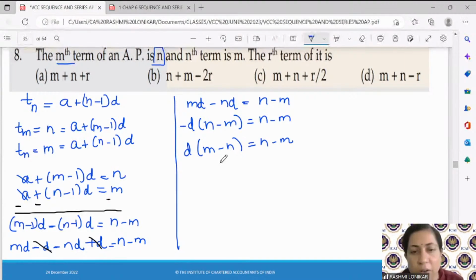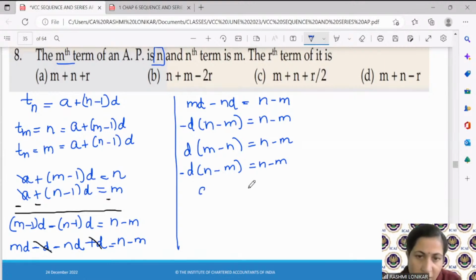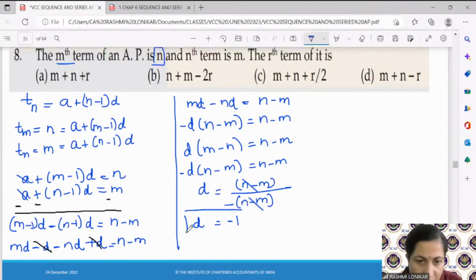Now this is m minus n, but I want it as n minus m. So I take a minus sign common. So minus d into n minus m is equal to n minus m. So what is d? d is equal to n minus m upon minus of n minus m. Now this will get cancelled. What I will be left with is minus 1. So how much is d? d is equal to minus 1.